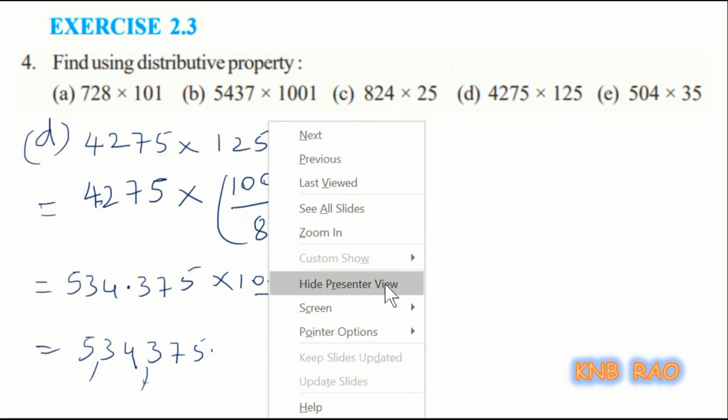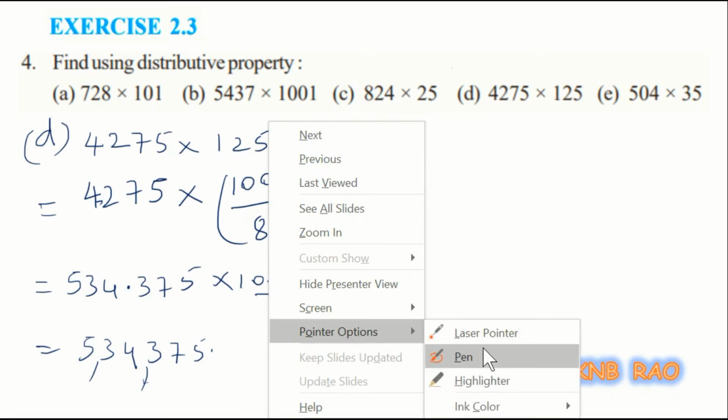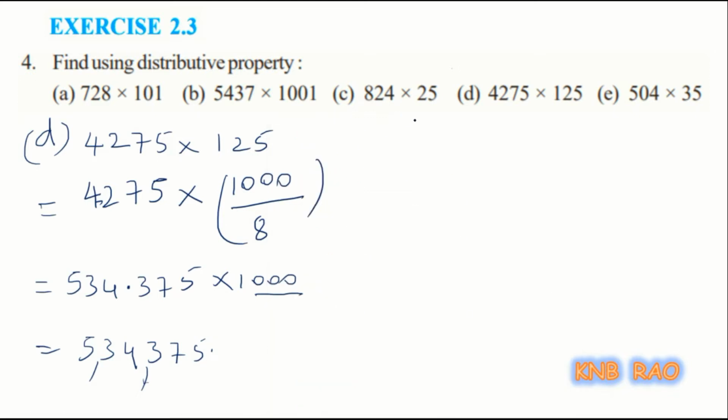Now 4,275 into this 125 can be written as 100 plus 20 plus 5.